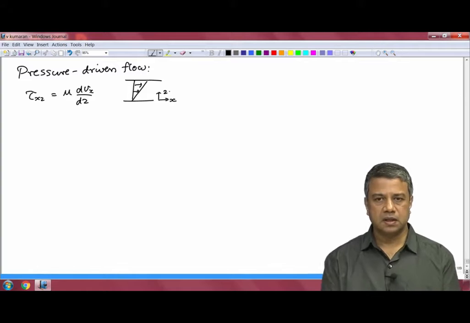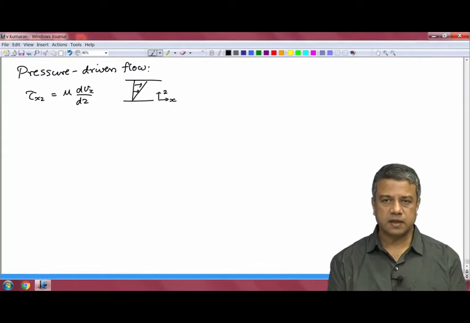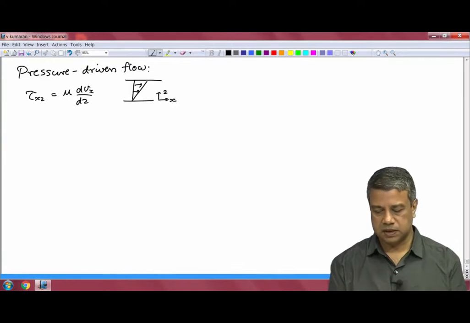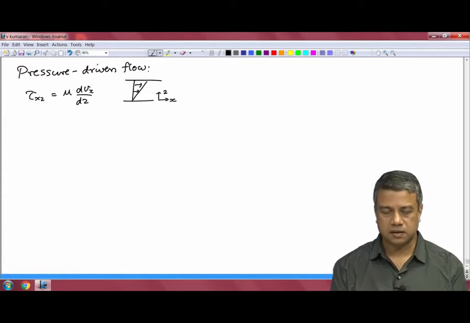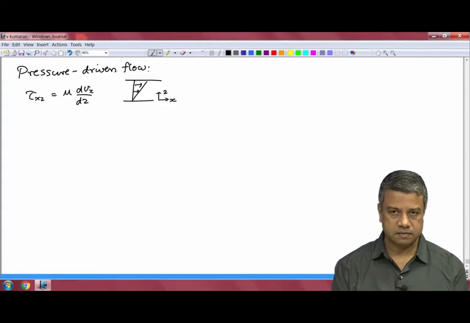This is the rate of transport of x momentum in the z direction, or the flux of x momentum in the z direction per unit area, or the force exerted per unit area at a surface.